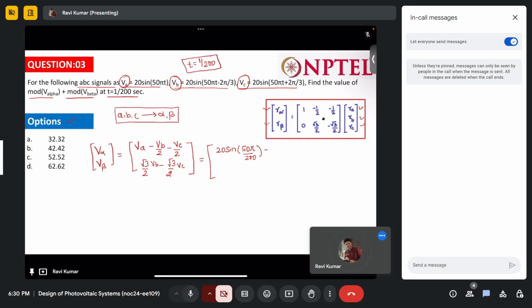VB is 20, so it is 10 divided by 2, 10 sine 50 pi by 200 minus 2 by 3. Similarly here 10 sine 50 pi by 200 plus 2 by 3.